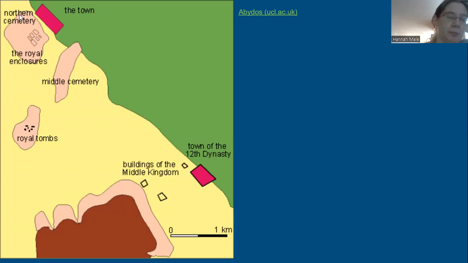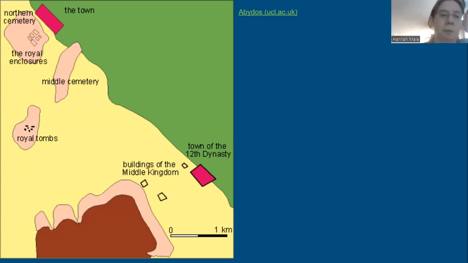And so that is at least part of what that is. And in addition, one of the royal tombs that we now know belonged to one of these very early kings when Egypt was first unified, was reused in the Middle Kingdom.